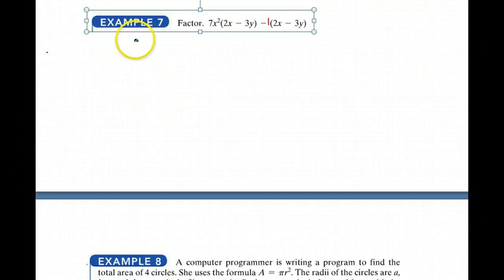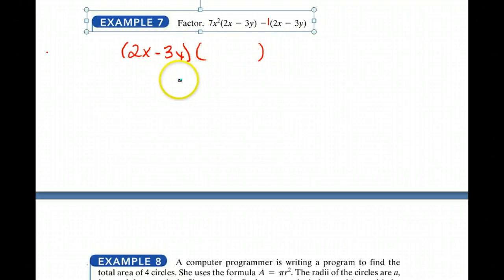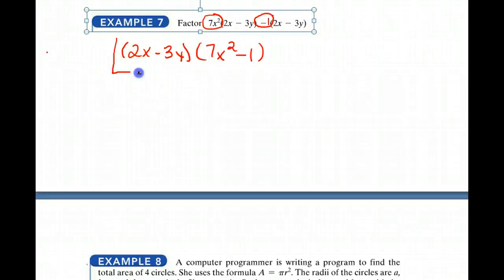So what we do whenever we have a common group, which is 2x minus 3y, is we're going to go ahead and drop that entire group down into our new line and make a new group for the factors that are remaining, which were 7x squared and -1. So we bring those two terms down into the new group of 7x squared minus 1. And this here is our final answer.